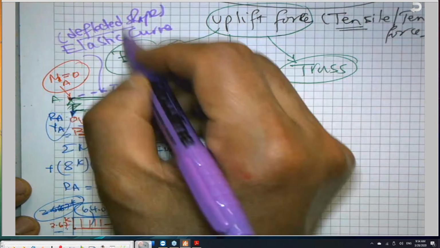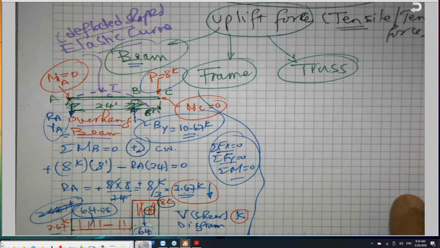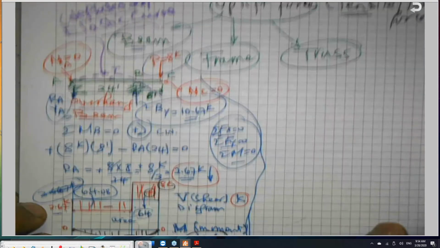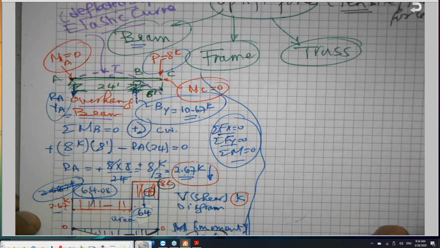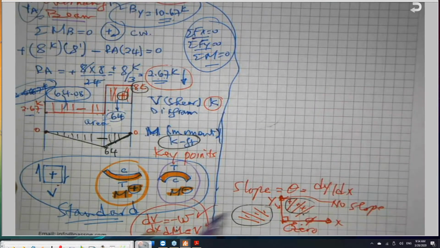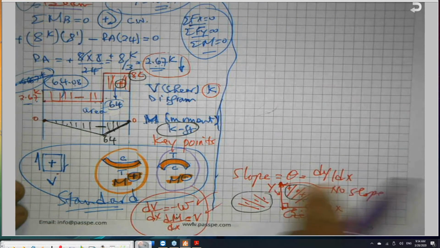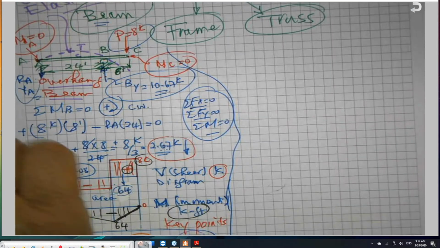Nobody will ask you to write or develop the equation for the elastic curve. Reactions, uplift forces, shear and moment diagrams, relationships, sign convention, slopes, all these things are related to what you might see on the exam.